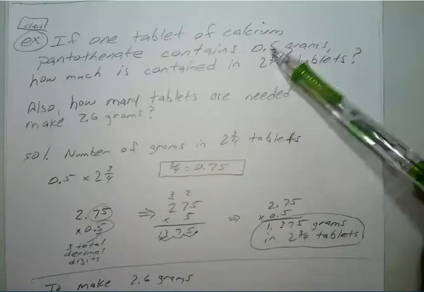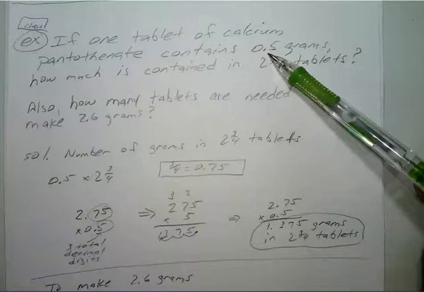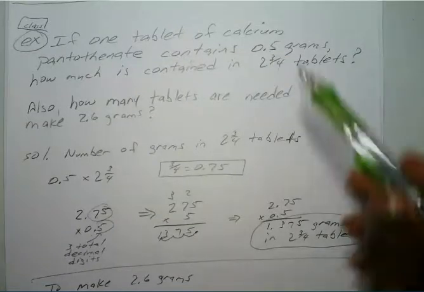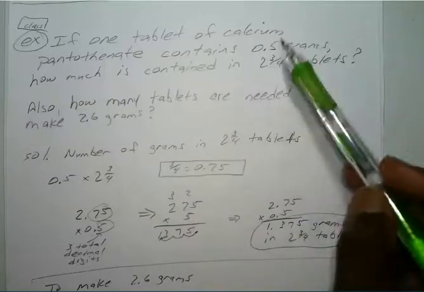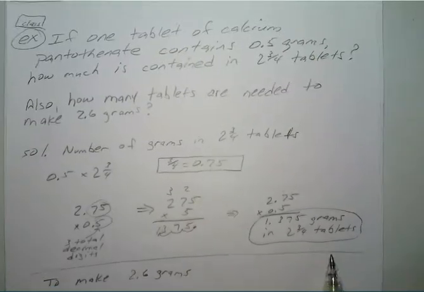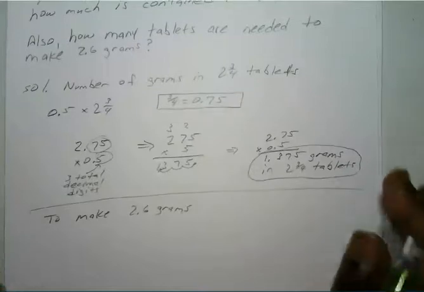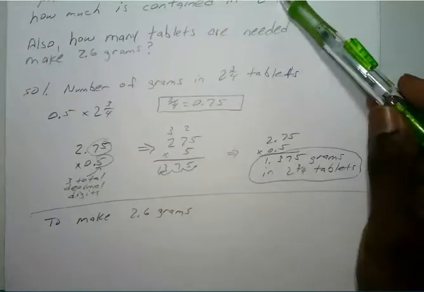You multiply that by 2, we know it's in 2 tablets. Multiply that by 3, we know it's in 3 tablets. But to find out how many is in 2.6 grams, we just divide by that 0.5, because we know how many grams we're looking for. We just want to know how many tablets.